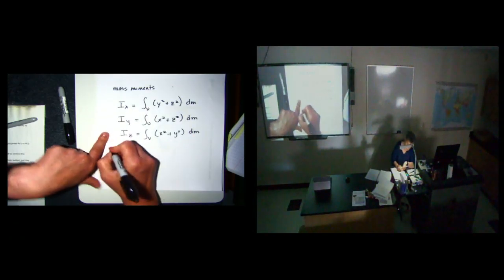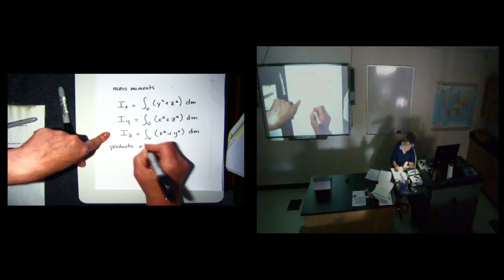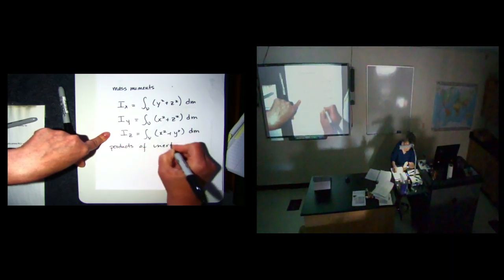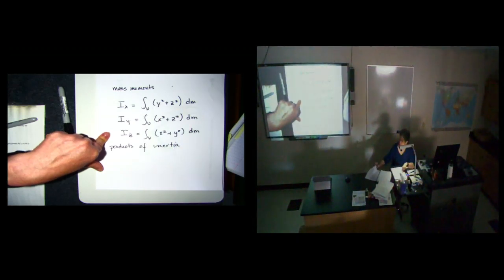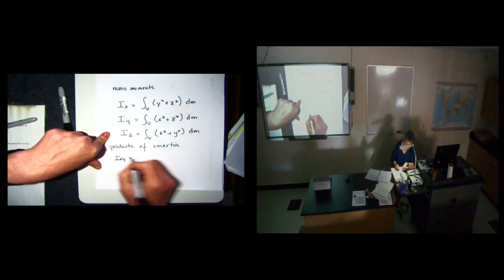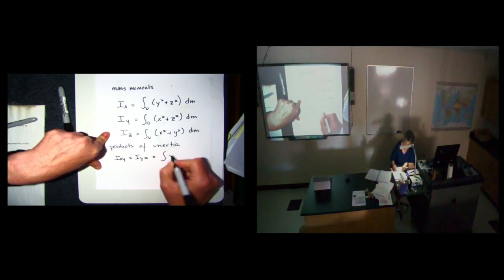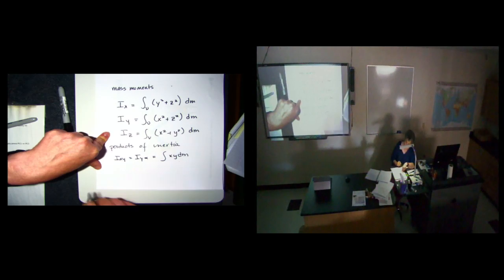Then we deal with what we call the products of inertia. And lucky for us, Ixy is going to equal Iyx, which is going to be my xy dm.